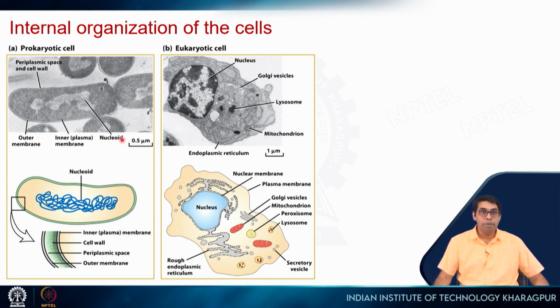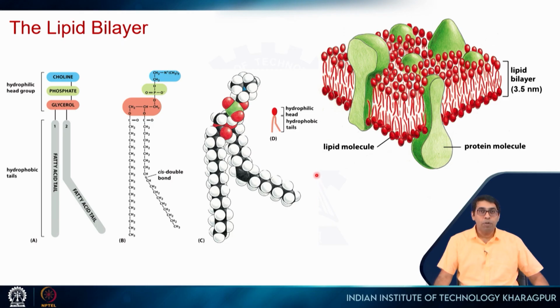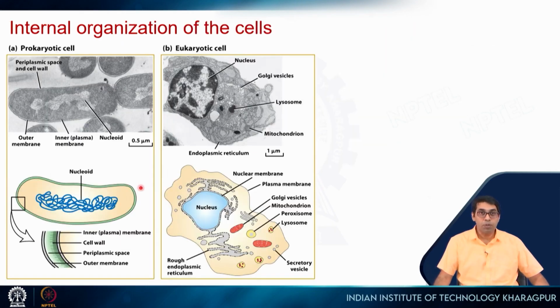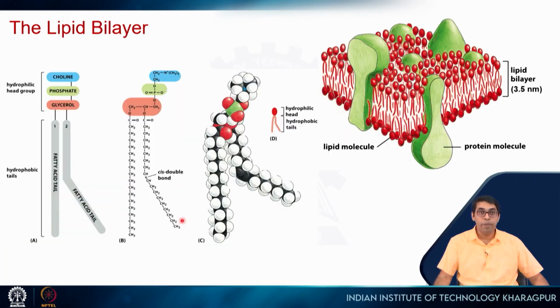Okay. So, coming back, this is the prokaryotic cell. We have already seen the features of this and it is quite simple, but the eukaryotic cell is much more complex and it has all these internal organelles. But one important thing that is common for both is the plasma membrane, the one that encloses the cell.